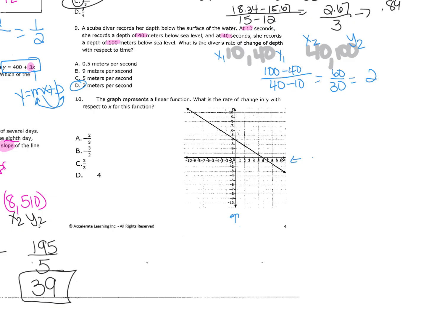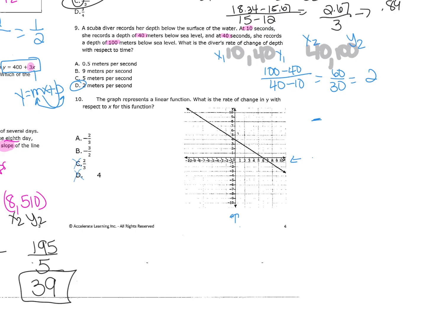Is it positive, negative, 0, or undefined? Well, looking at this one, it is decreasing from left to right, so I already know I have a negative slope. Look at your answer choices. Are there any answer choices you can eliminate? Well, yeah, I know I'm going to eliminate C and D because they're positive choices. So already I know A and B are the only 2 options.